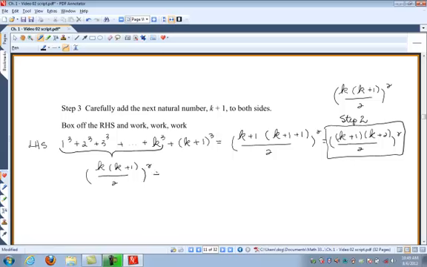Plus, and I think I want to get a common denominator because I'm old and I've done this a million times. So now, see, this was over 4, now this is over 4.